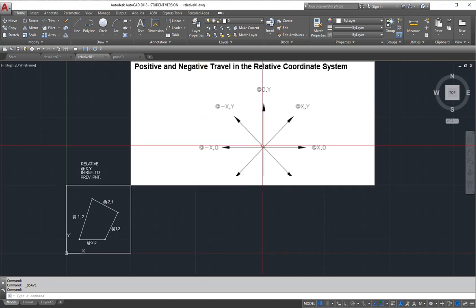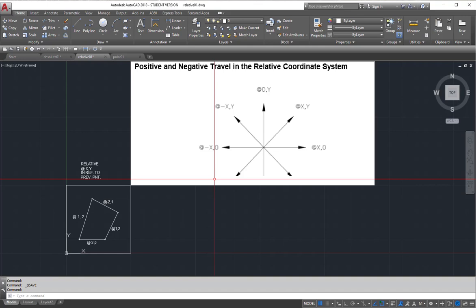Depending on the direction that we're moving, we can be moving positive x, positive y, or negative x, positive y, or negative x, negative y, or positive x, negative y.